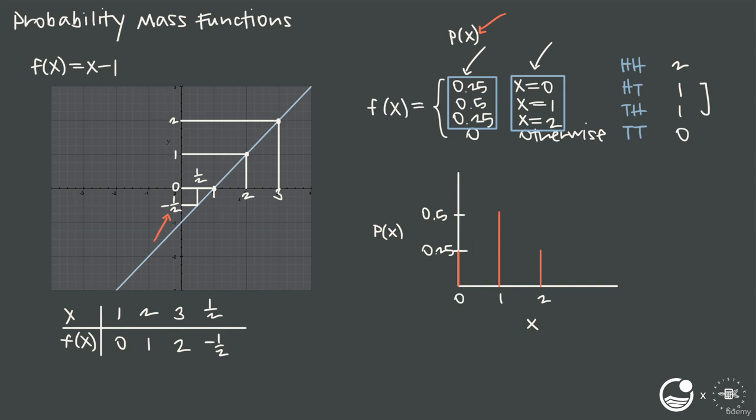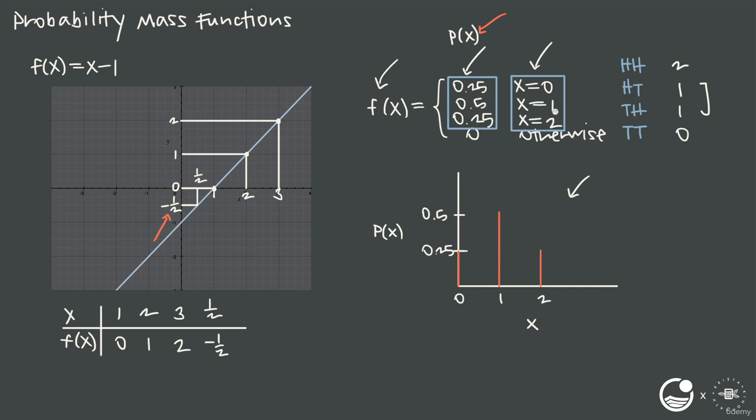And then the only other thing we want to say is that just like when we talked about probability before, and we learned about complementary probability and 'or' probability, we can answer those same kinds of questions with a probability mass function. So whether we have this representation of f of x or this graphical representation of f of x, we should of course be able to state the probability that x is equal to 0 or x is equal to 1 or x is equal to 2.